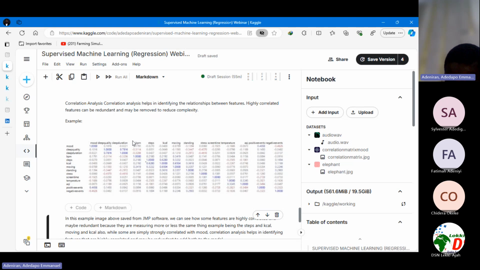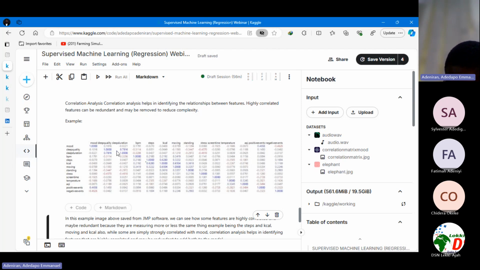It has a correlation of one. Sleep quality correlates with sleep quality because sleep quality is sleep quality. Sleep duration correlates with sleep duration. You just trace it: sleep duration on the horizontal, sleep duration on the vertical, and you will see that they meet at 1.0 because sleep duration is the same thing as sleep duration.